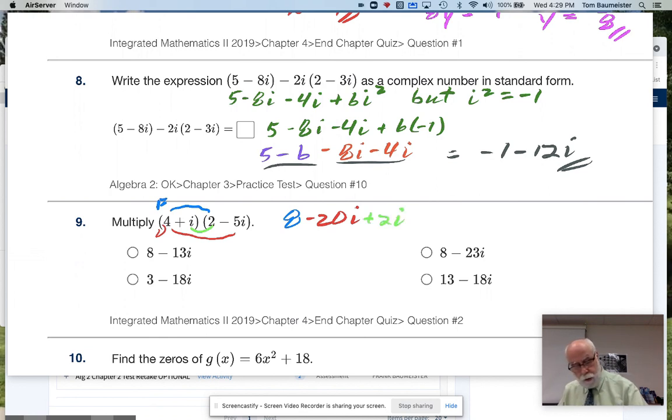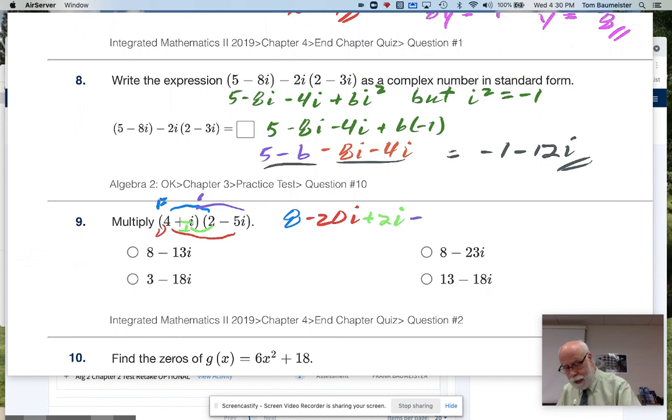And then I'm going to multiply the last terms, which would give us minus 5i squared.